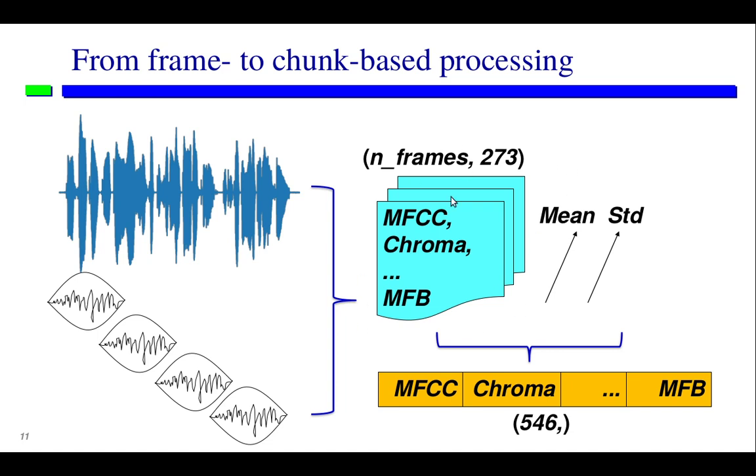For aggregating, the aggregation is done by mean and standard deviation. So we calculate the mean of MFCC, chroma, and filter bank, and also the standard deviation of these features. So for one utterance or one story, we obtain one vector with 546 dimensional features. So now the size is similar to the linguistic feature.